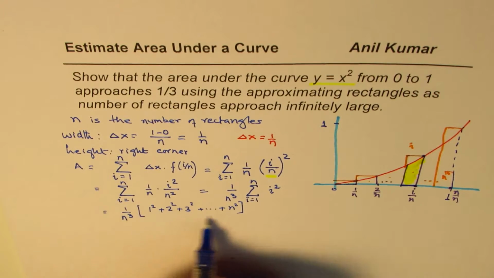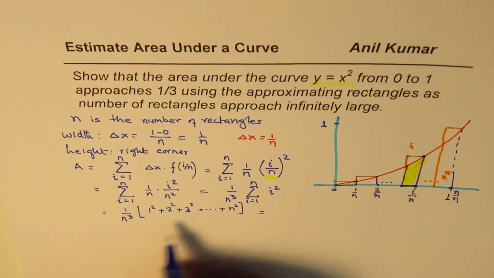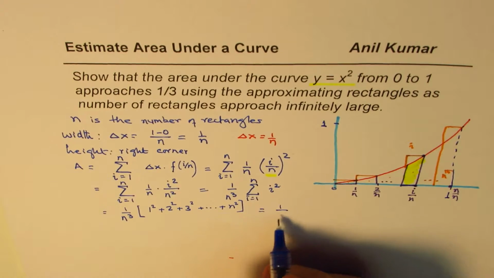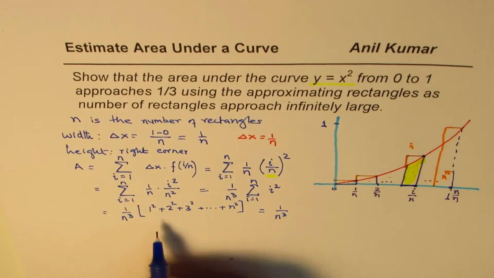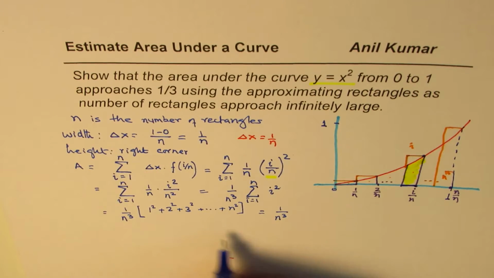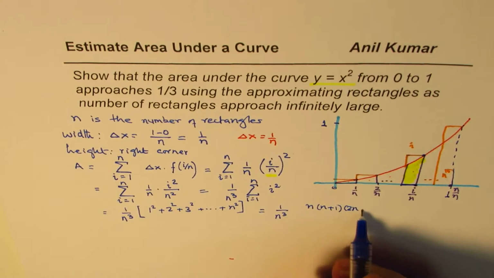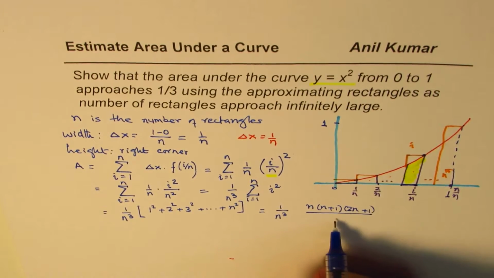Now, I hope you remember the formula for this series of sum of squares. We have done it in other videos. Let me just take this standard formula for sum of squares. We are not really deriving it here. We'll just substitute the formula. The formula is n times (n plus 1) times (2n plus 1) divided by 6.